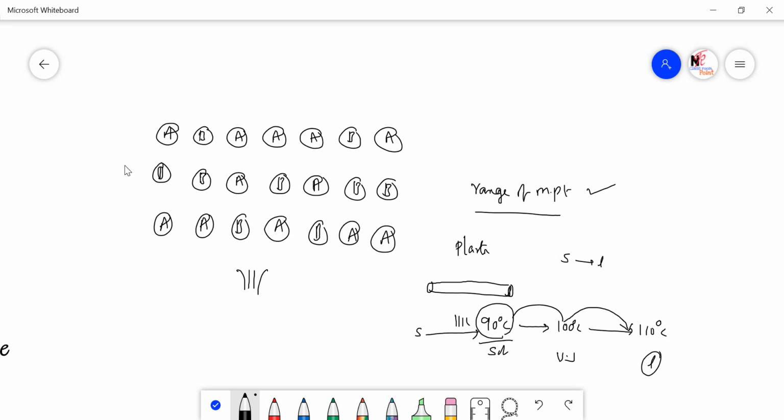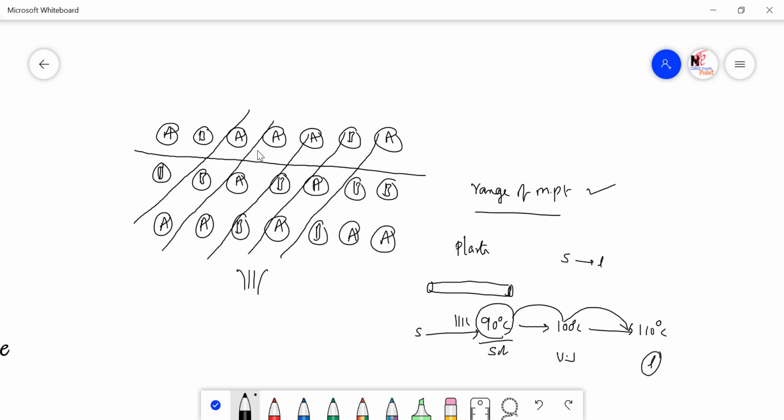These are isotropic in nature. Isotropic means you can take any direction. Along all the directions, these amorphous solids have a different type of arrangement of the particles. Hence their properties will be the same along all the directions, meaning they don't give different values along different directions.